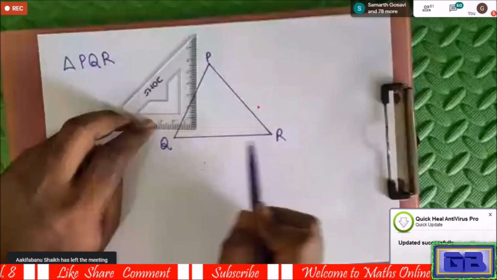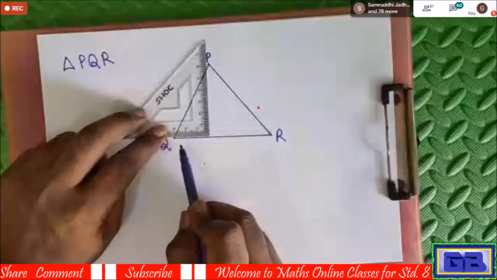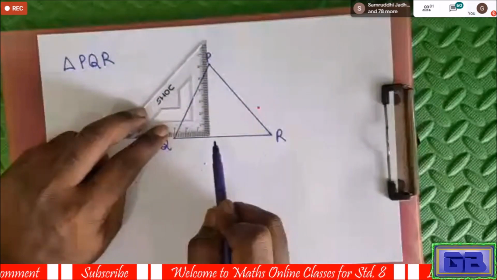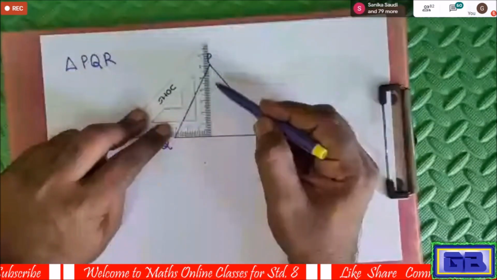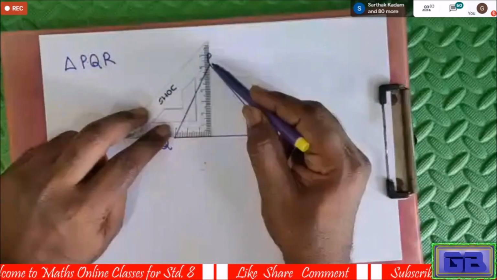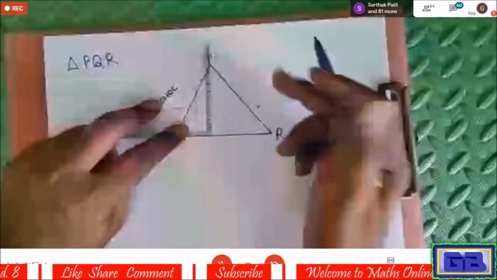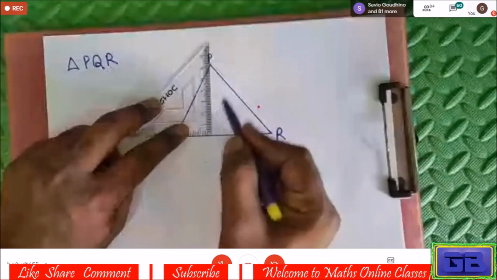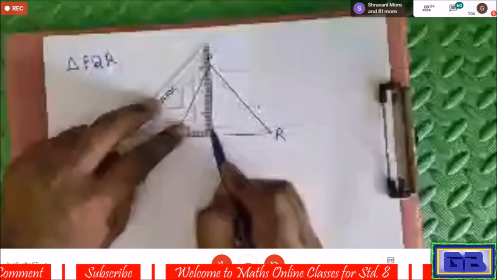Side QR is the base. I am keeping the set square on side QR in such a way that the vertical side of the set square touches point P. Once I arrange the set square in this way, I will draw a perpendicular.